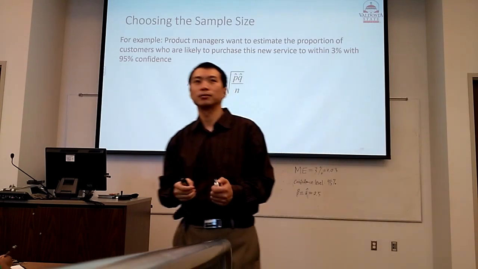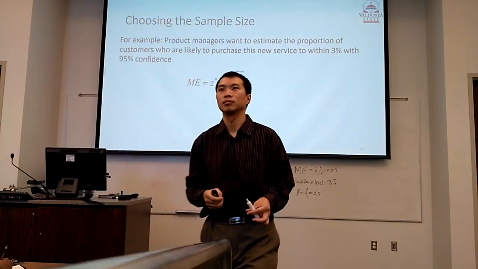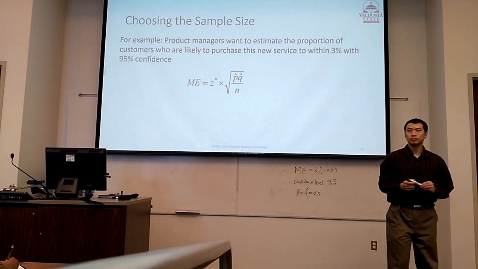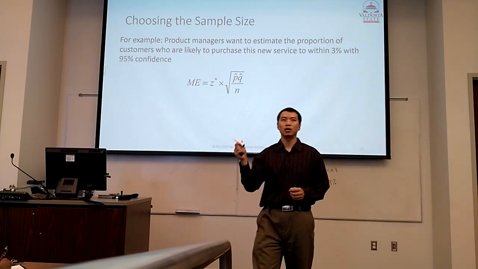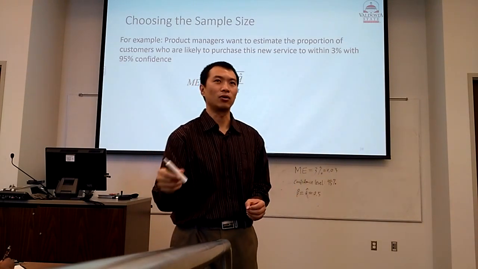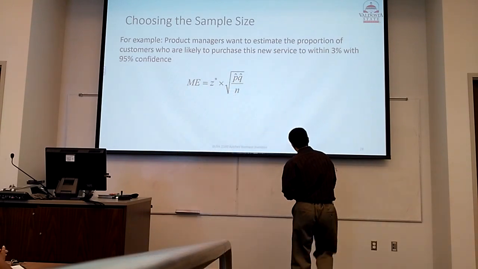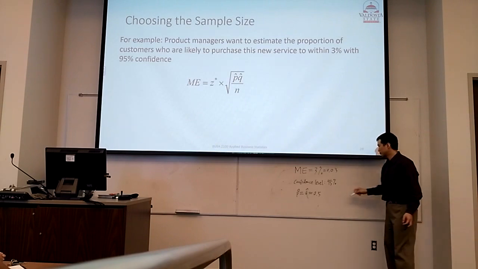The Z star. So we mentioned the Z star, the critical value, is the number of standard errors or standard deviations. That Z star is defined by the confidence level.